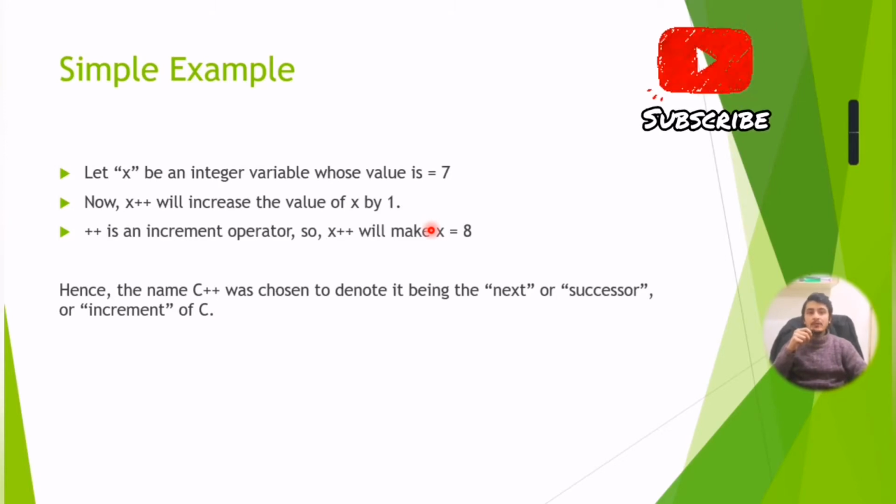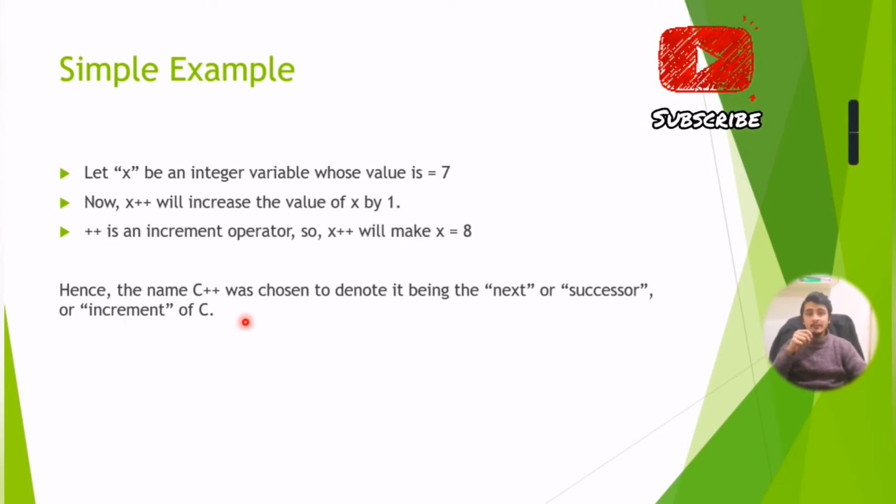Here we are trying to understand the programming language with simple mathematics. If we assign a value to a variable and then apply the increment operator ++ to that variable, it will increase the value of that variable by 1. So if we assign x is equal to 7, then if we write x++, it becomes 8 after performing that operator.